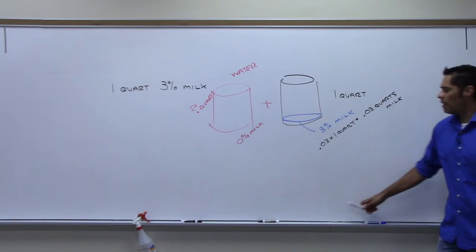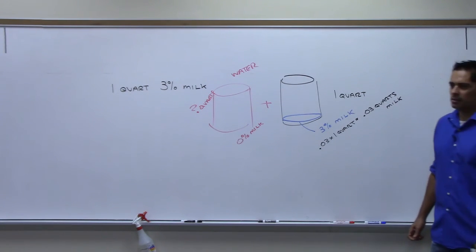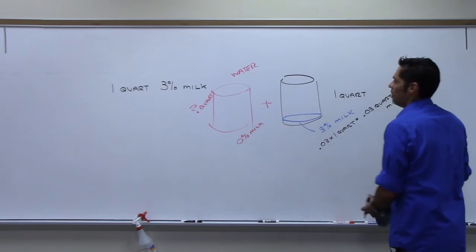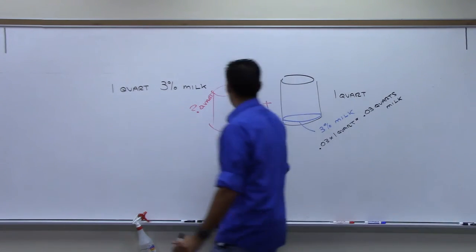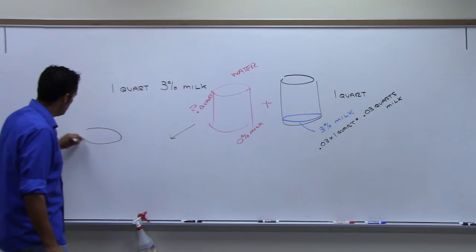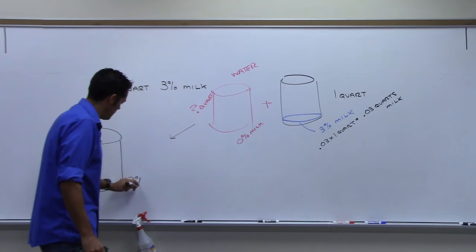And what do I want my result to be? Just 2% milk. This is tricky. It's a lot different than the last one, right? So when I add those together, I'm going to get a result, and let me put my result over here. The result of adding these two together should be some mixture, and it's 2% milk.